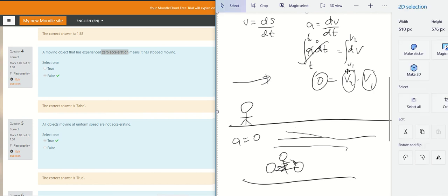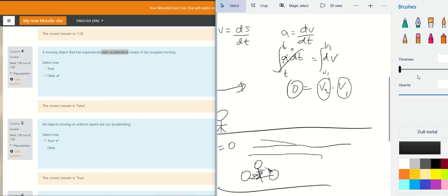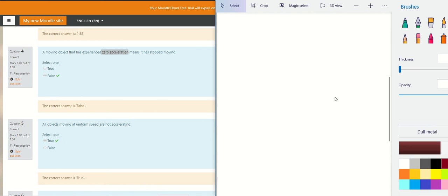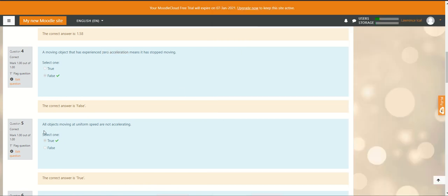But mathematically speaking, this is the explanation. Alright. So I hope that's clear. So all objects moving at uniform speed are not accelerating. So it's like the same question as earlier, right? All objects moving at uniform speed are not accelerating, which is true. Okay?